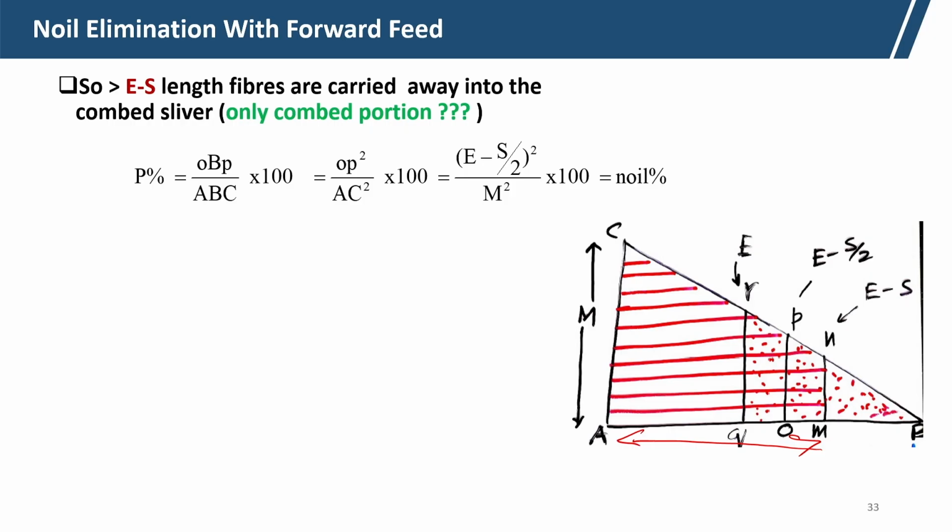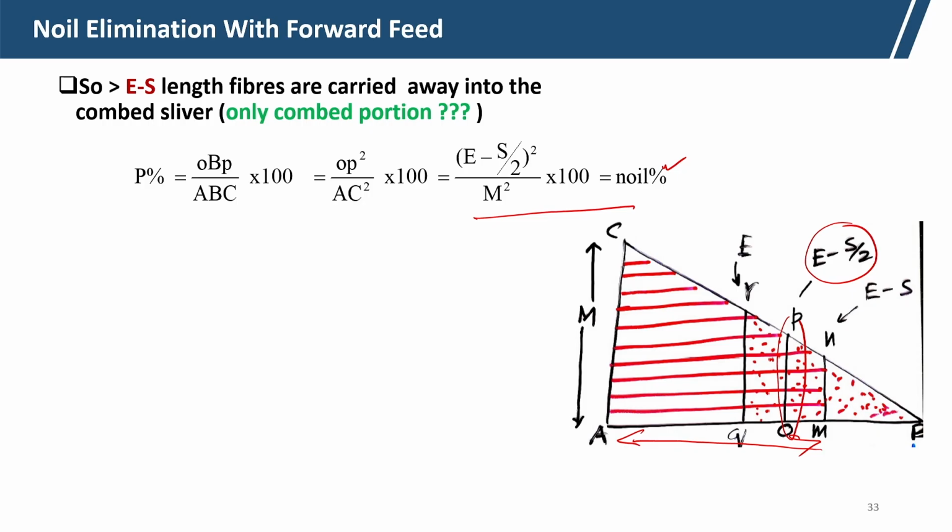Similarly, we can get the Noil percent here, taking the mean value E minus S by 2. So, Noil percent for forward feed will be (E minus S by 2) square by m square multiplied by 100.